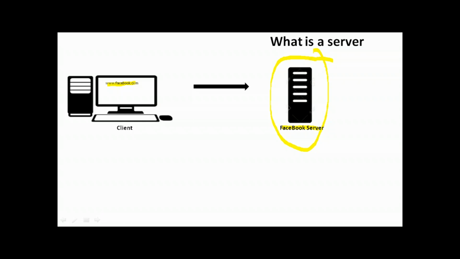Anybody who uses the Facebook application is the client here. I'm showing this desktop as a client, right? So who is the client here? Whoever is accessing facebook.com, that person is a client. That's what I'm referring to as client in this picture.